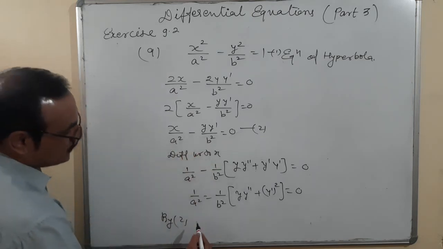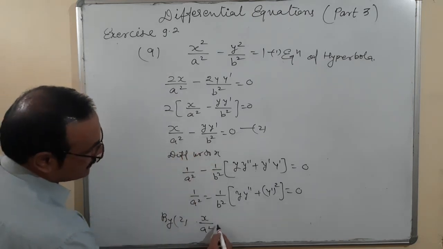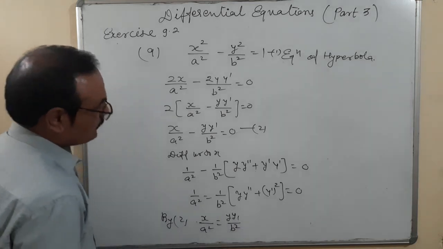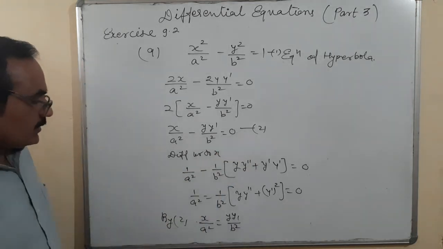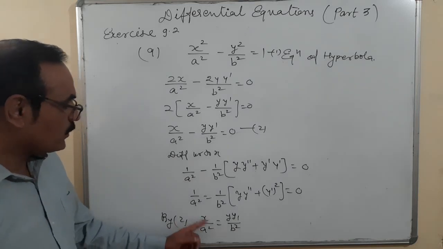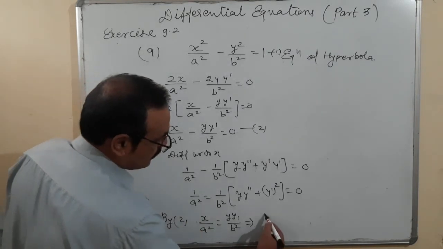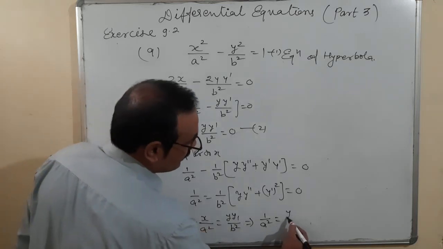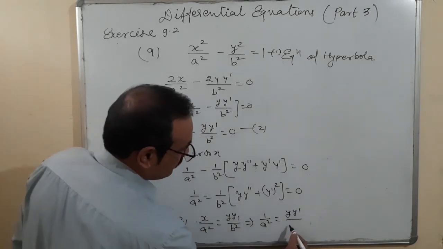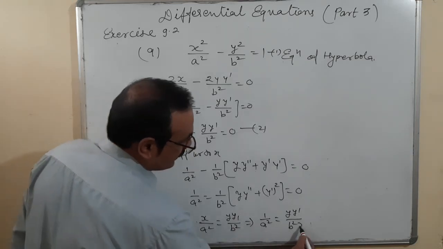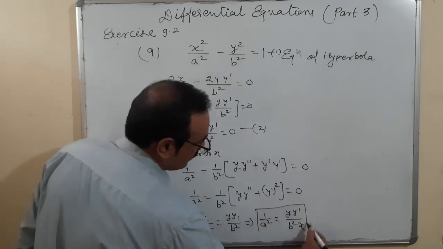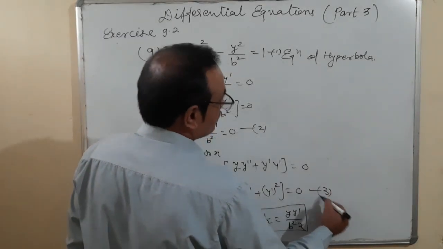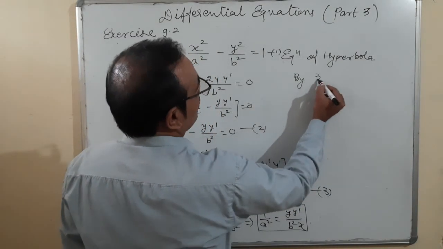My second equation, what is this? x upon a square is equal to y dash upon b square. Shifting that side, when I find 1 upon a square, then what is the value? 1 upon a square is equal to y dash upon b square multiplied by x. This is the value which will be substituted in equation number 3.